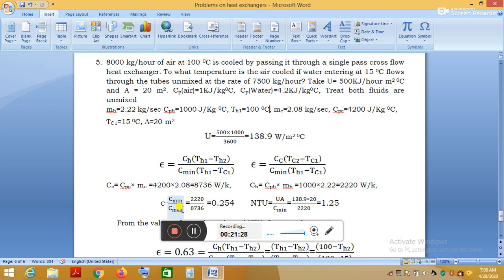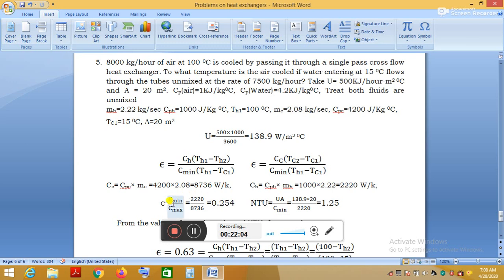For the hot fluid, he used capital T1 as the inlet temperature, and for the cold fluid, he used small t1. Don't get confused, the notations may change but the equations remain the same. All the equations which I used in this problem are given in the data book itself.